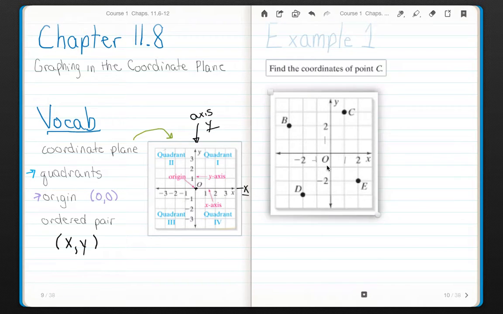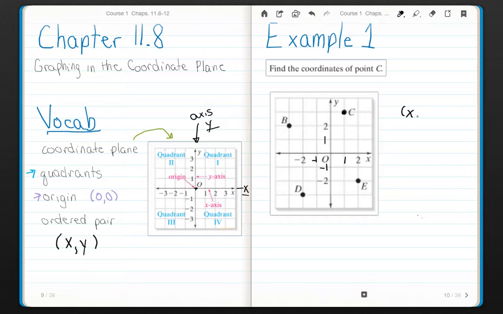With an ordered pair, remember we always write it as X, Y. If I follow C down this way, I see that it crosses the x-axis at 1.